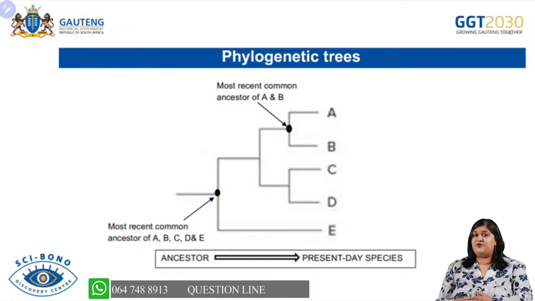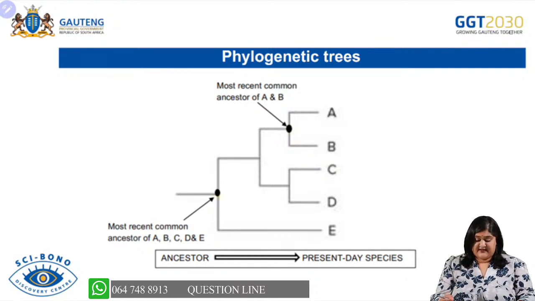They can ask you anything in a phylogenetic tree. It can be plants, it can be different species, it can be flightless birds. But if you have the skill of how to approach this and how to interpret and analyze it, then you'll be able to answer any question. So it's marks that you should not throw away.